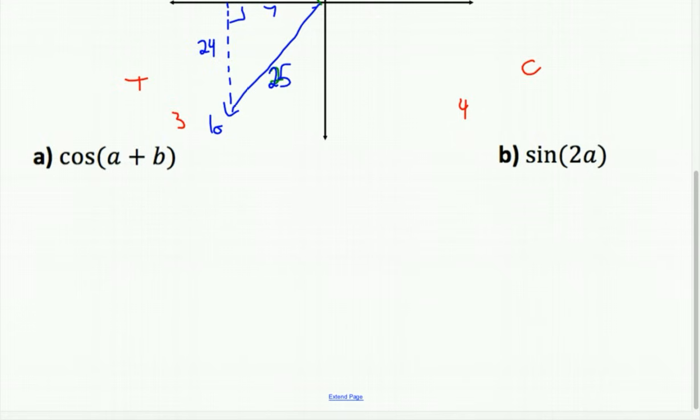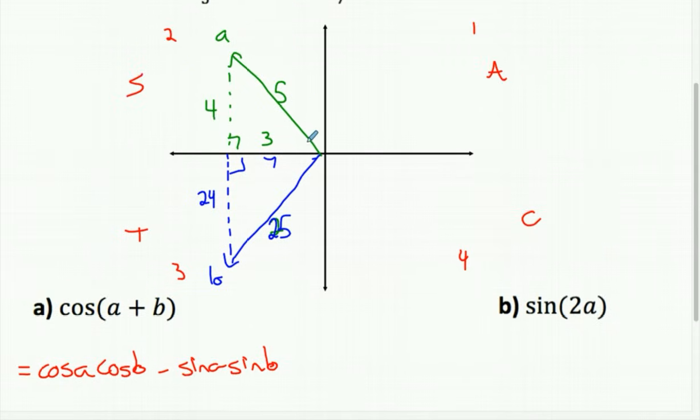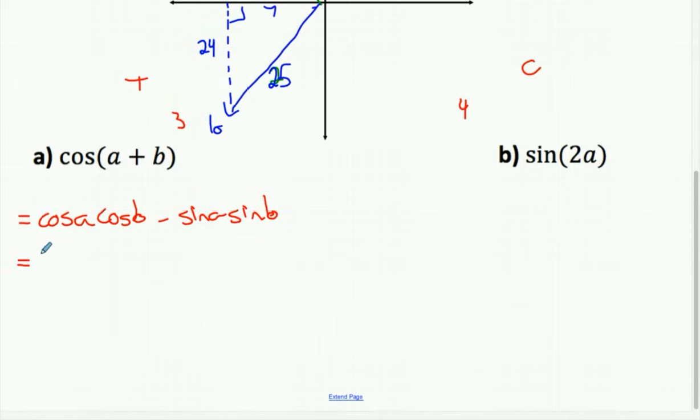So cosine of A plus B, hopefully you remember the compound angle identity for cosine of the sum of two angles. It's equal to cos A cos B minus sine A sine B. Cosine of A is negative 3 over 5, negative since we're in the sine quadrant.